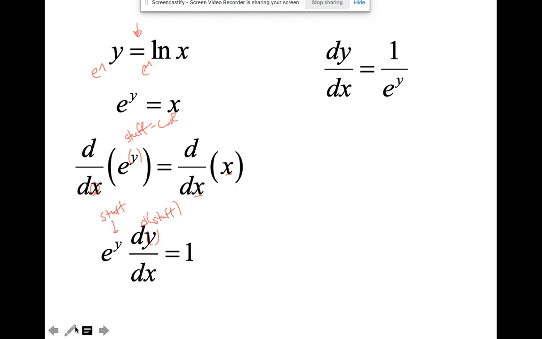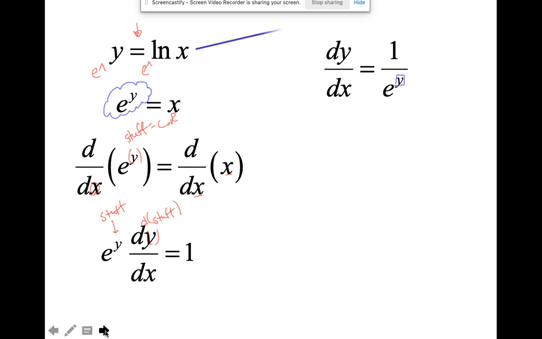And there's dy dx. Now, when we did implicit differentiation before, and you had a y in your answer, that was okay. But look at the second line of my proof. What is e to the y equal to?